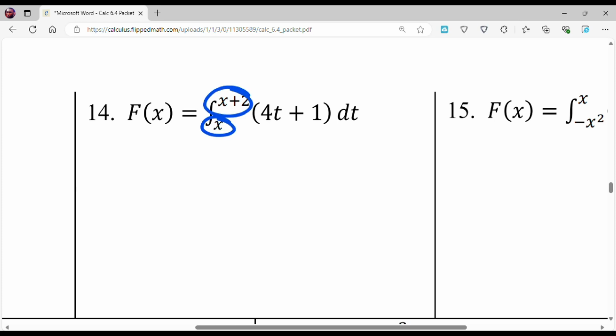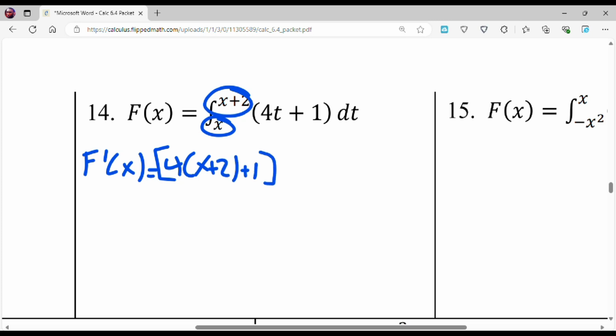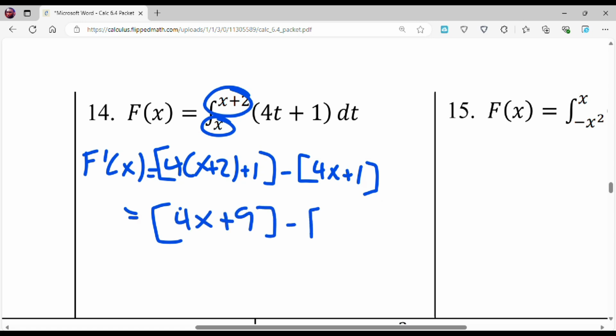So what I mean by that is f prime of x equals 4 times (x plus 2) plus 1 minus (4x plus 1). So we have our upper limit minus our lower limit after plugging in. So this becomes 4x plus 9. And this is just going to remain 4x plus 1.